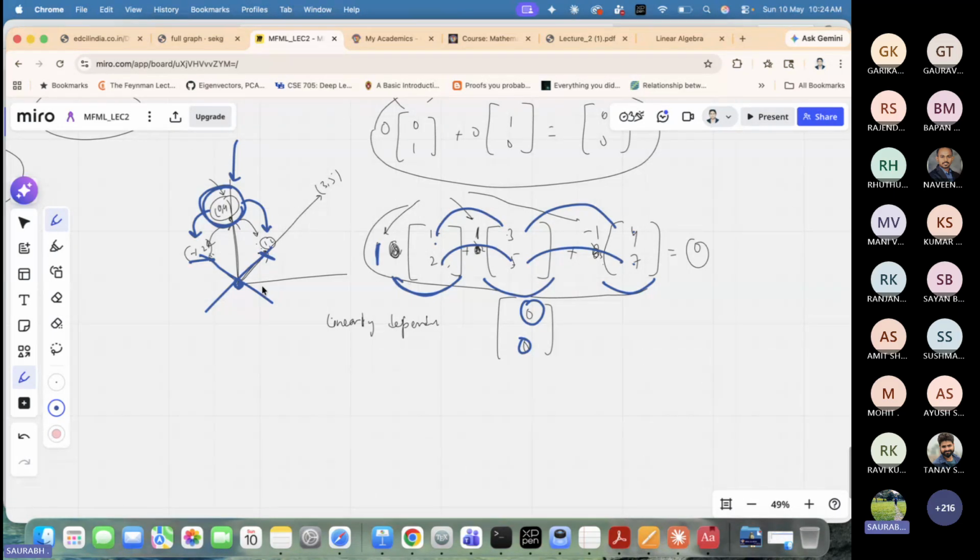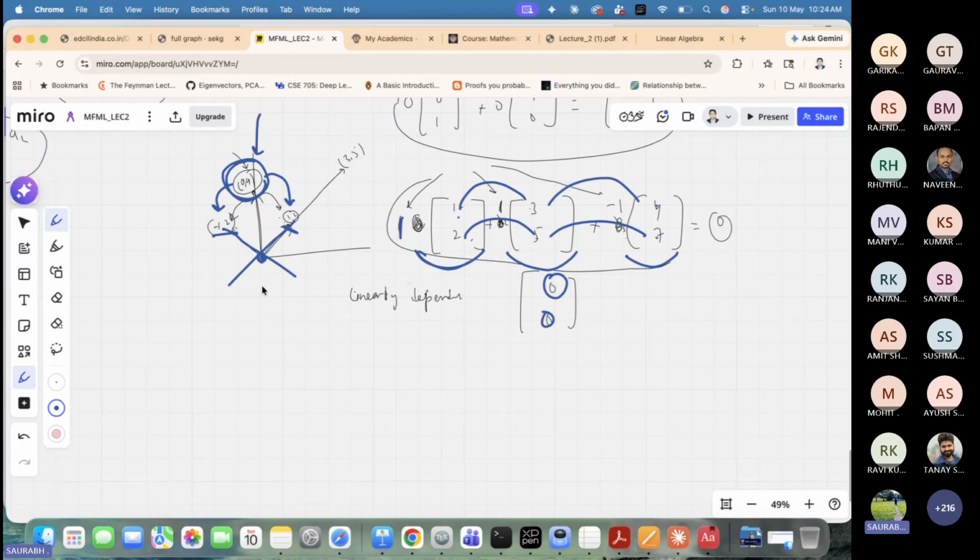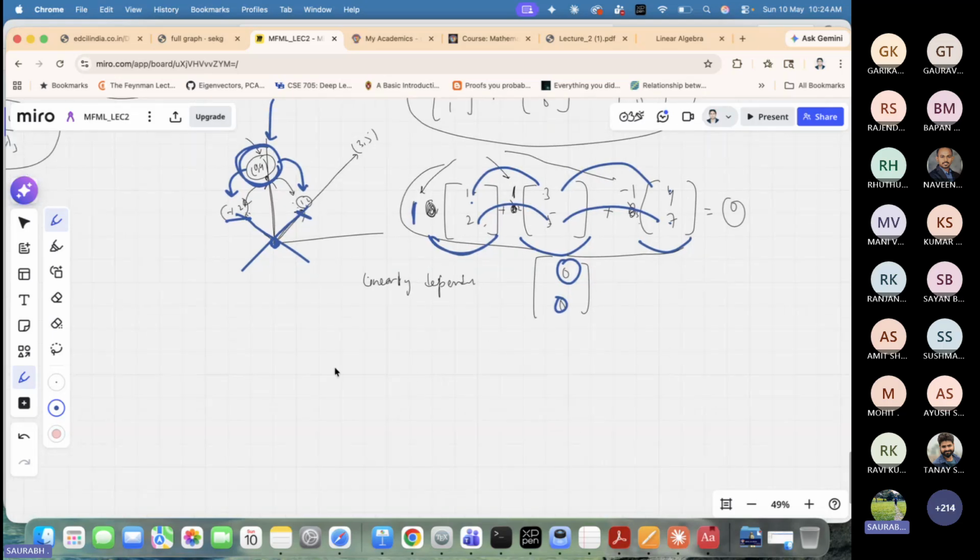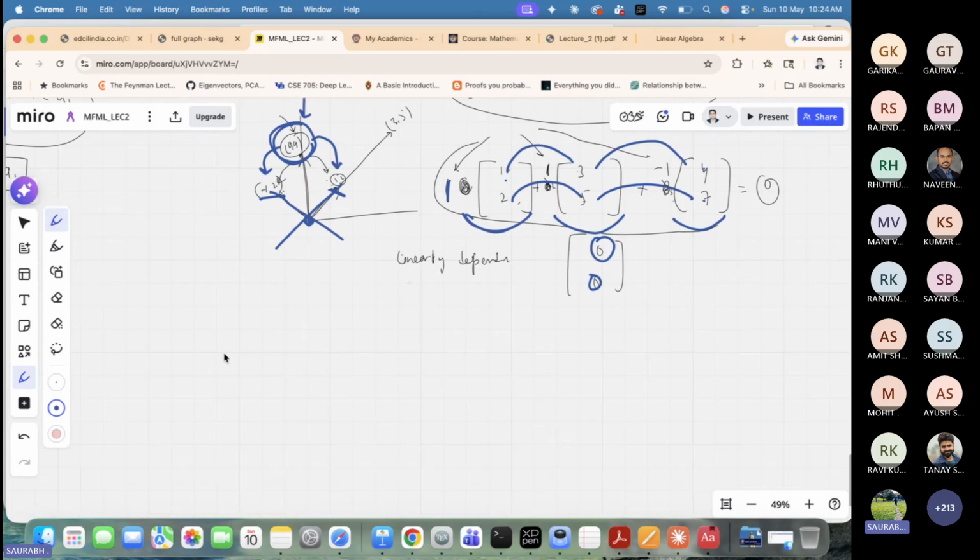Now, the simplest way to think of linear dependence and independence is: when you have a set of vectors, is there a possible way we can combine them and make them zero? When I say combine them, I mean a1 times vector 1 plus a2 times vector 2 plus a3 times vector 3 and so on, plus an times vector n.